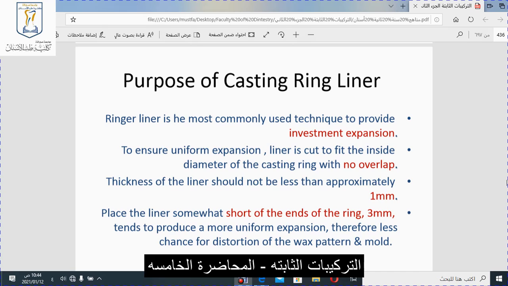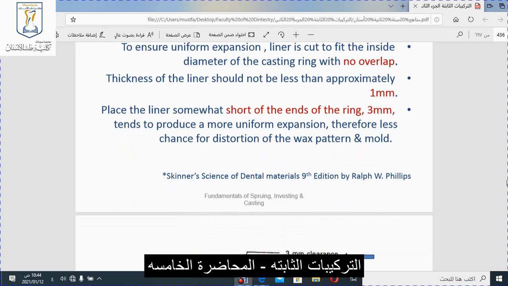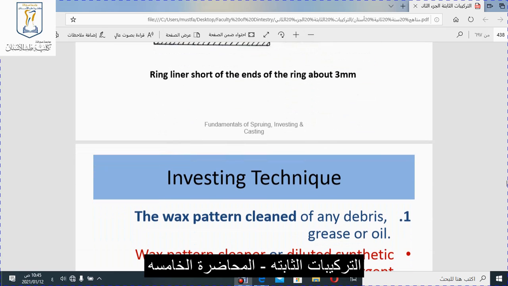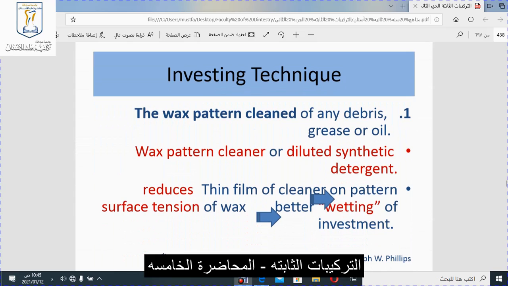The liner stops 3 millimeters from either the upper or lower end to make interlocking, with less possibility of breaking the investment. This is 3 millimeters from the upper end of the ring, and this is 3 millimeters from the lower end, for interlocking. The thickness is not less than 1 millimeter to give freedom of expansion during casting.